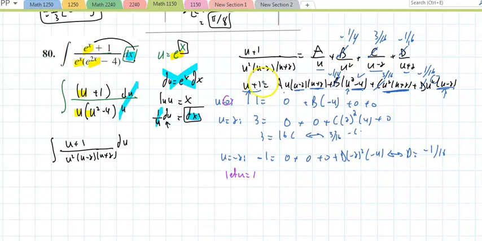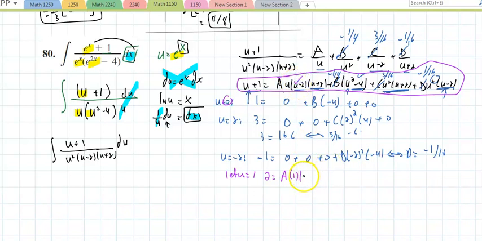If I let u equal 1, and again I'm talking about this equation, if I plug 1 in there, that will be 2 equaling, a is what I'm looking for, times 1 minus 2, which is negative 1, times 1 plus 2, which is 3. Minus 1/4 for b. If I put a 1 right there, that will be negative 3.